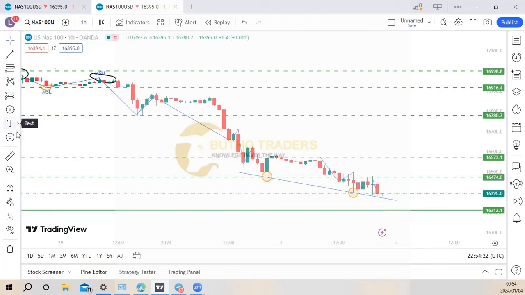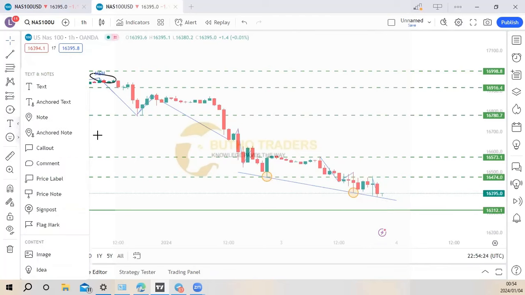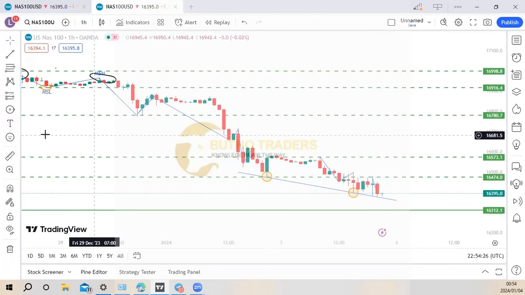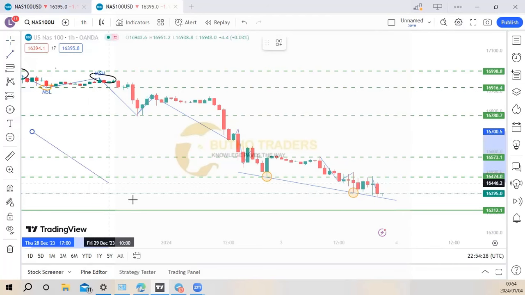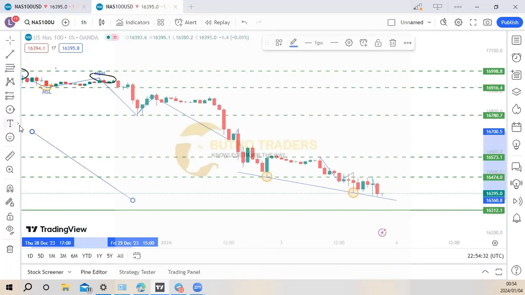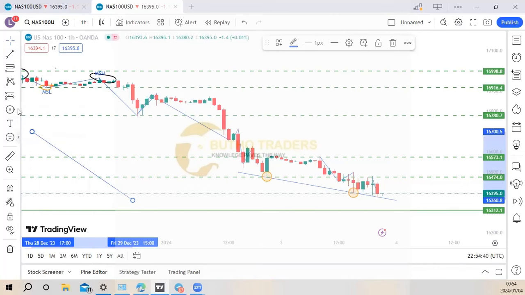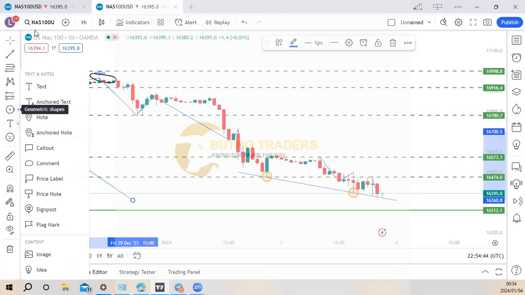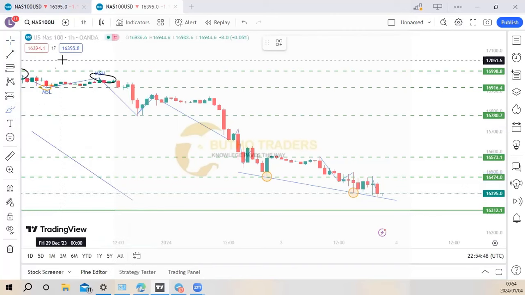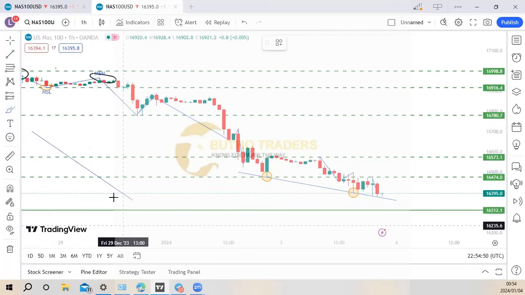Let me explain this in this way. In a situation like this, guys, where I have my trend line sitting there, I'm teaching you extra things here. This is actually explained like this, guys.